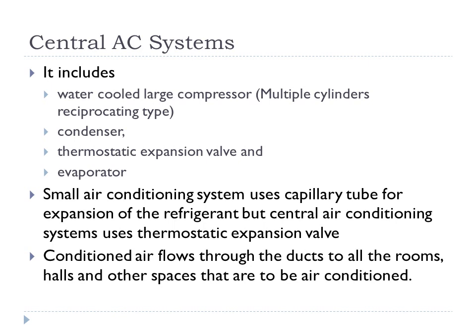And why we do so? Because a thermostatic expansion valve is a device that can be controlled more effectively as compared to capillary tube. And friends, in central AC system, the conditioned air flows through the ducts to all the rooms and halls or other spaces where we need to have air conditioning.